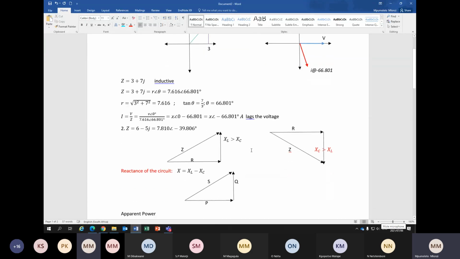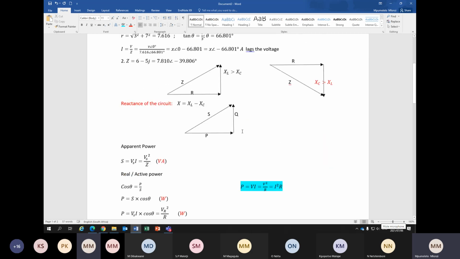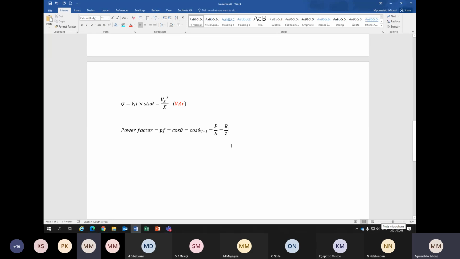Now this assists us in determining if the current is lagging or leading, and so if the power factor is lagging or leading. If the current is lagging, the power factor will also lag. If the current is leading, the power factor will also lead.